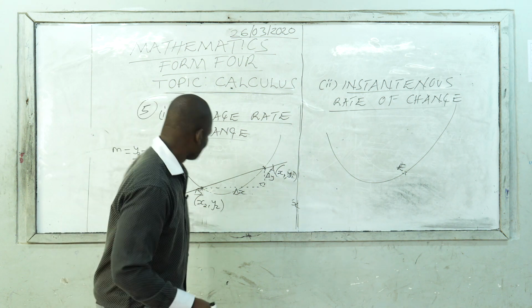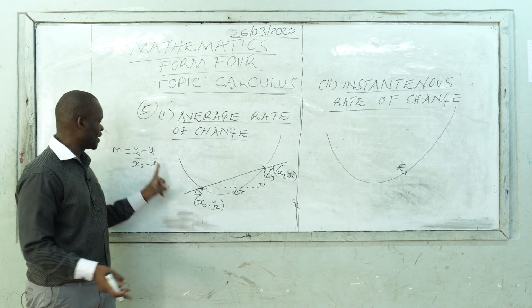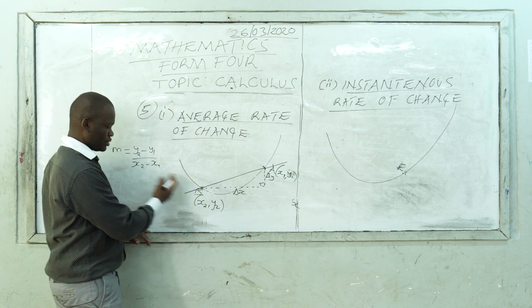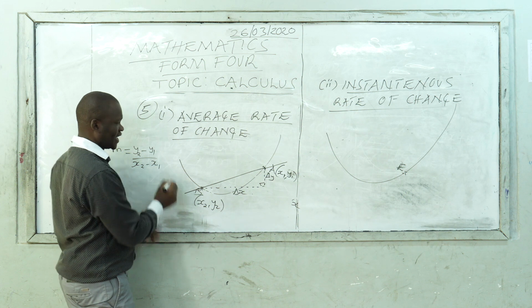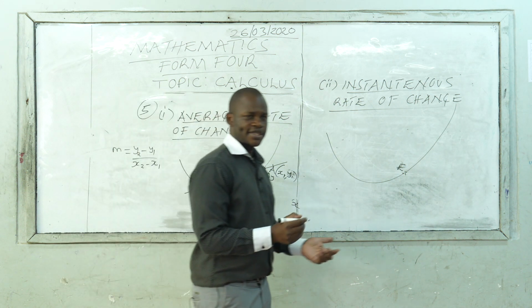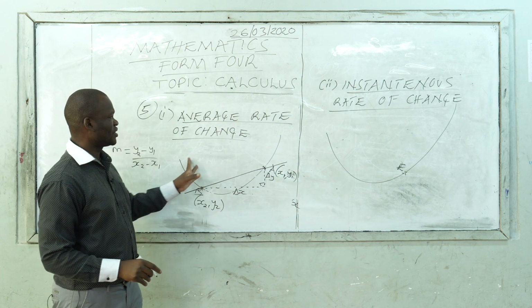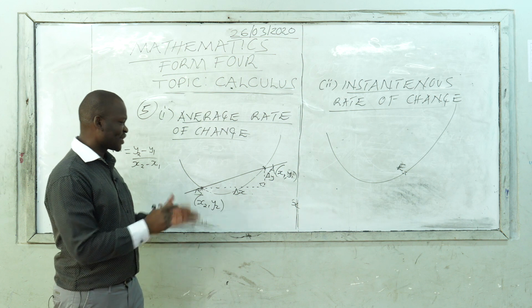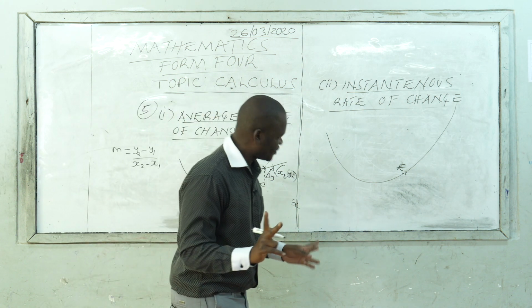Of course, y2 is the y coordinate of point B, y1 the y coordinate of point A, x2 the x coordinate of point B, and x1 the x coordinate of point A. So that's how you determine average rate of change, meaning the rate of change of a curve between 2 points on the curve.